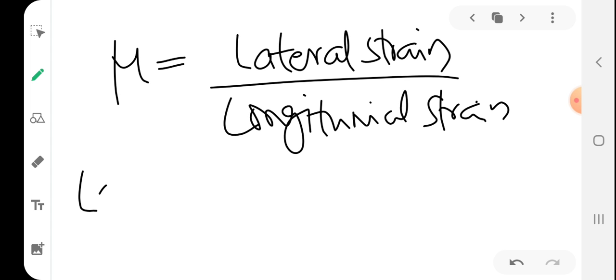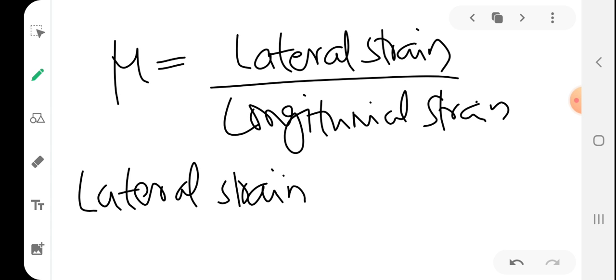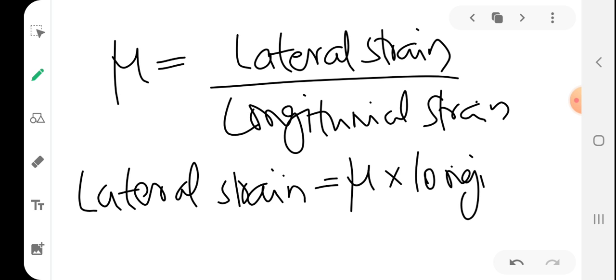So lateral strain can be written as mu times longitudinal strain. Okay, if the longitudinal strain is a tensile strain, then lateral will be compressive, so there should be a minus. So you should add a minus here.